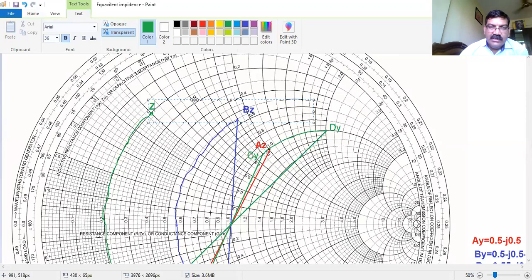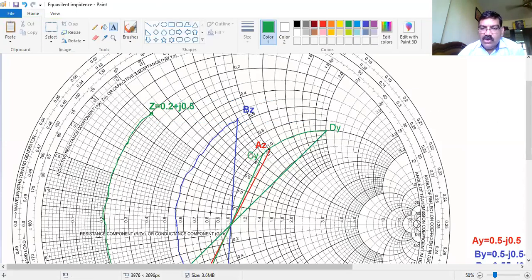So Z equals how much? 0.2 minus j... sorry, not minus, it is plus. It is at the top. Plus j0.5. Okay, so this is what we got.